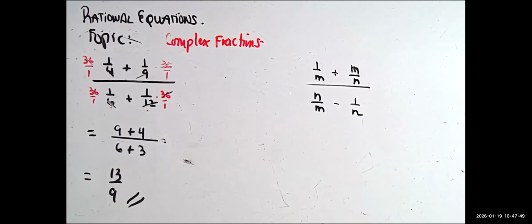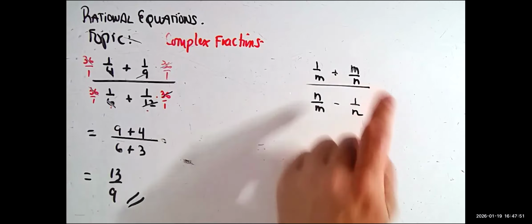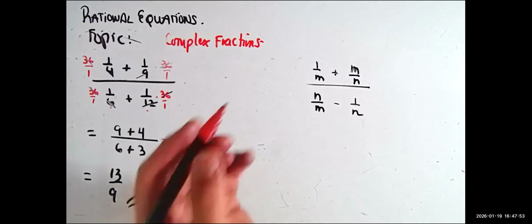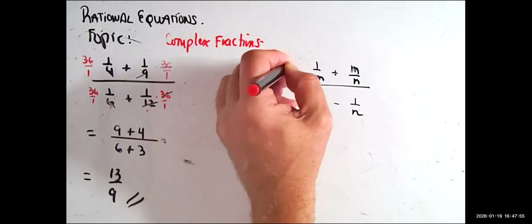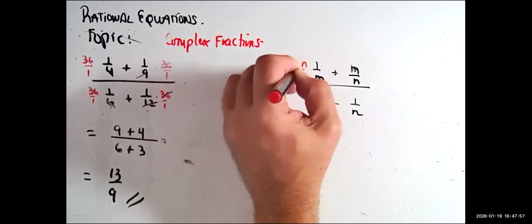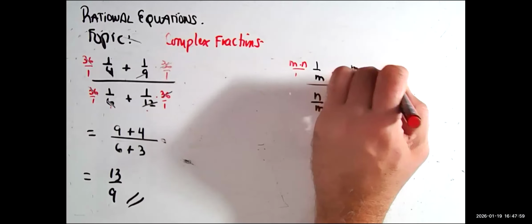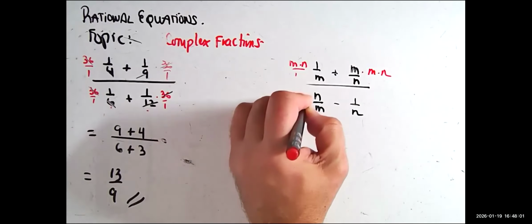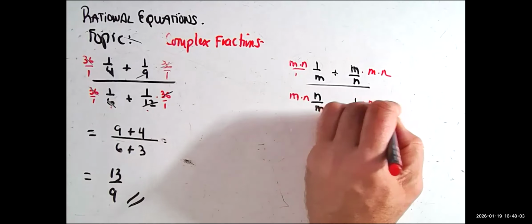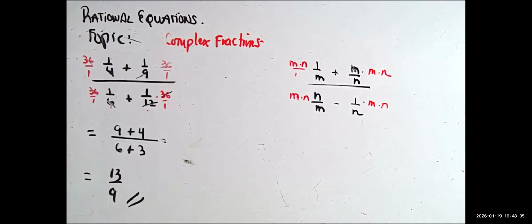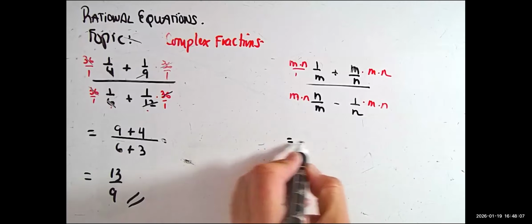Okay. Same technique here, folks. Of course, I have to have the m and the n. So my LCD will be m times n. Multiply m times n over 1 by each term. Okay, so let's see what type of damage we made.